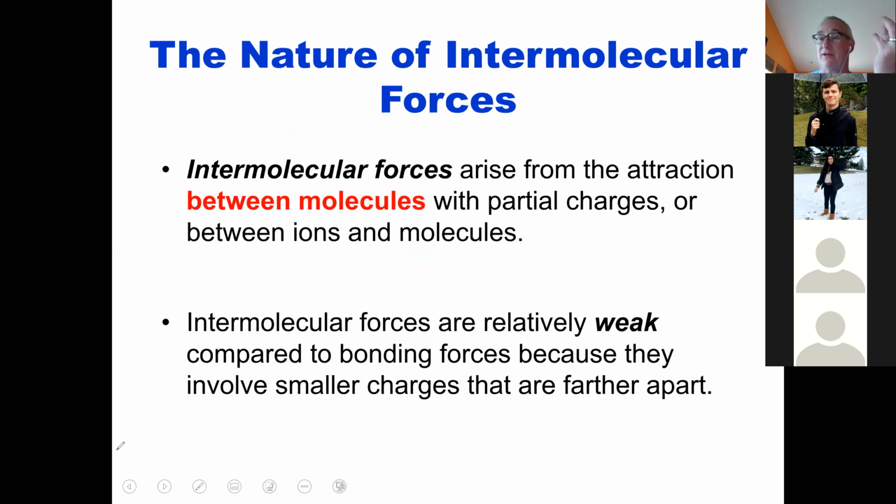Intermolecular forces arise from attractions between different molecules, not within. So there's going to be attractions between them. The attractions we're going to be talking about involve partial charges. Take two things with partial charges, like water.